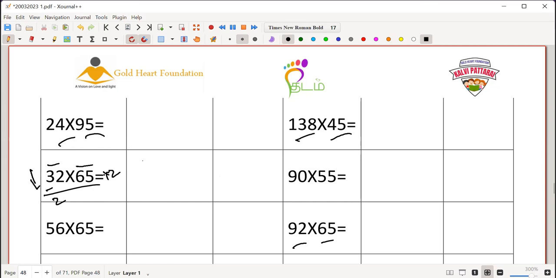What will you be getting? 12 into 190. Right? So 16 into 130 is 208, into 10, 2080.